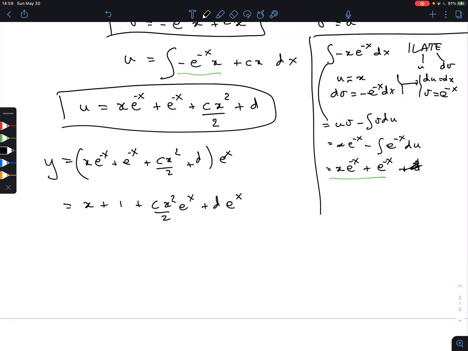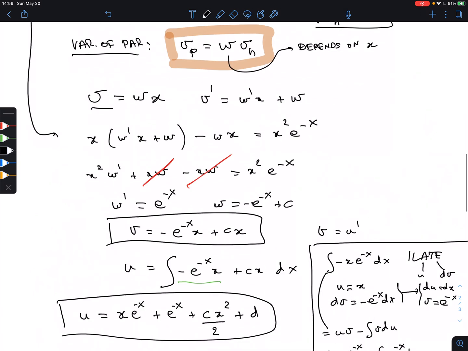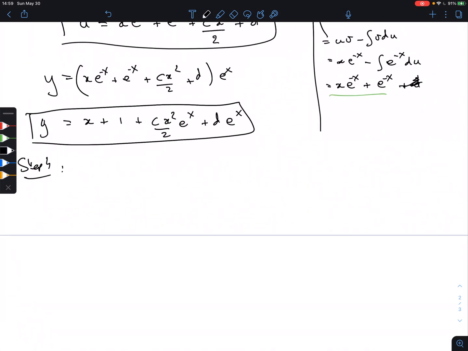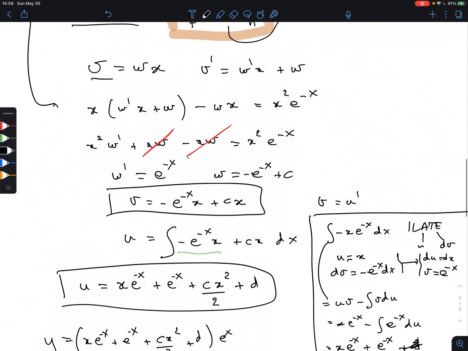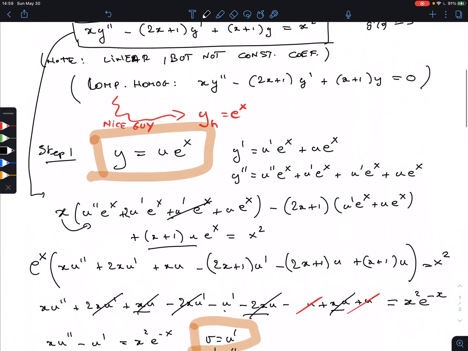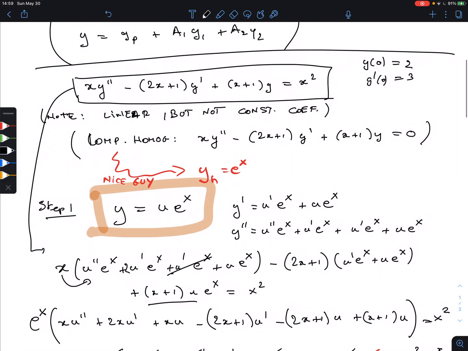Okay, so this is the general solution. And then step 4, the initial conditions. We said that if x is 0, then y is 1, and what else did I say? Oh, well, 2 and 3, sorry.